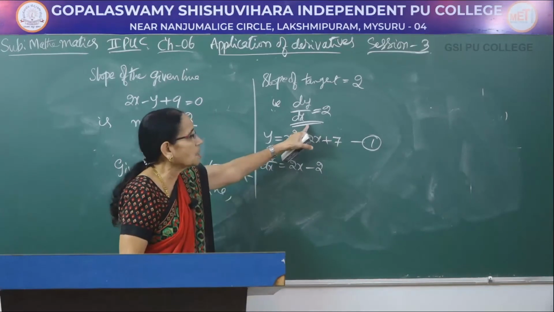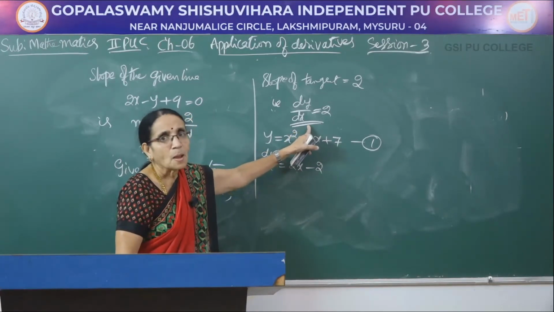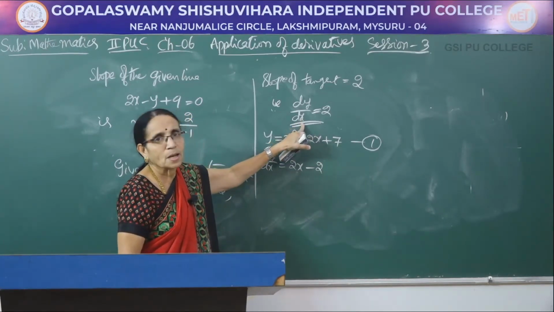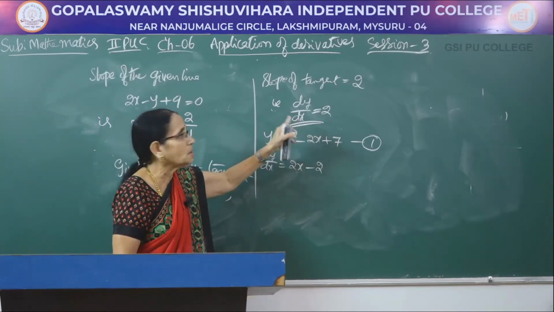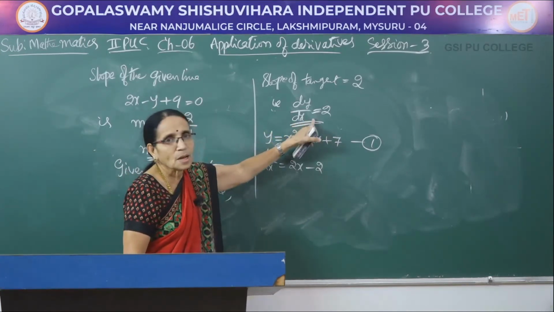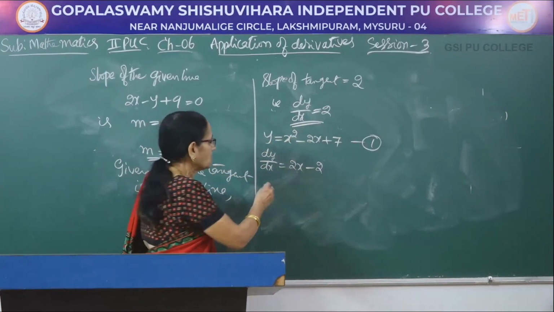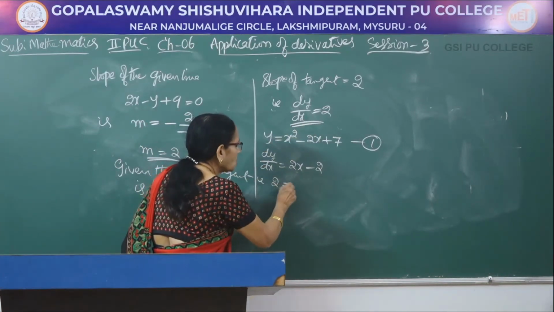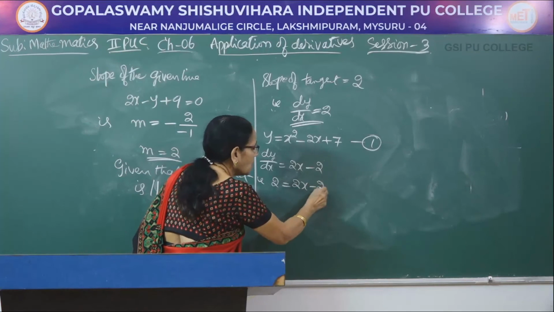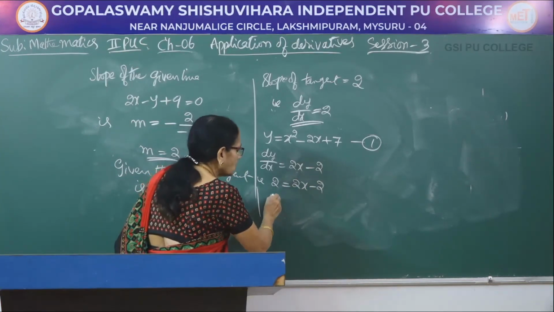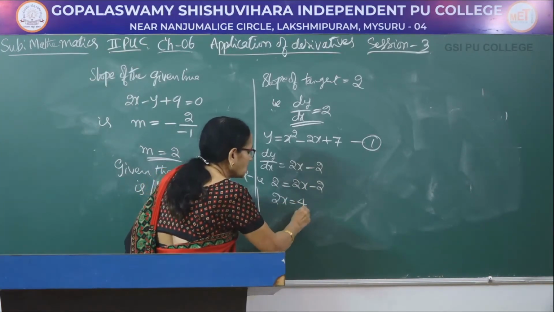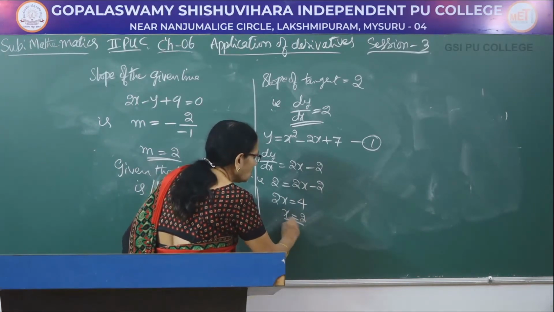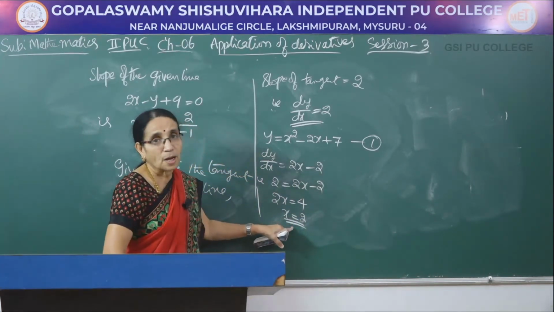We have already seen that dy by dx has the value 2 because this is the slope of the tangent, being parallel to the given line, it will have the same slope. So 2 would be equal to 2x minus 2. Taking 2 to the other side, 2 plus 2, that is 4, x would be equal to 2. So, we got the value of x.